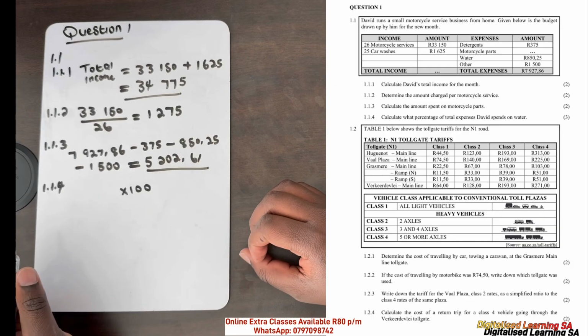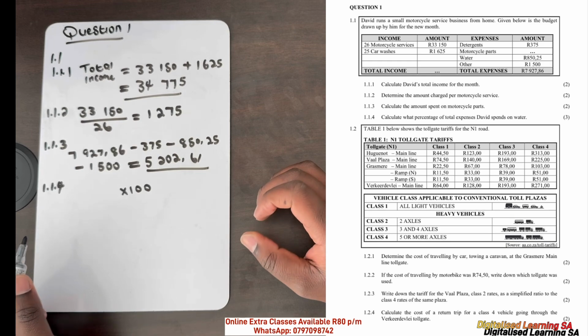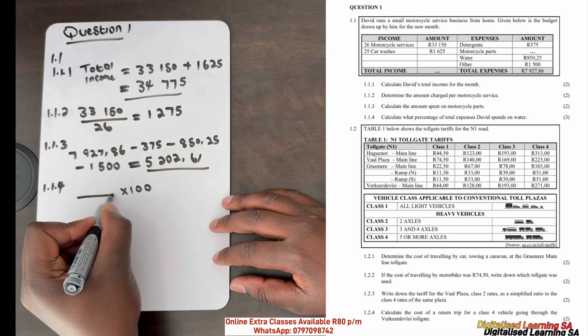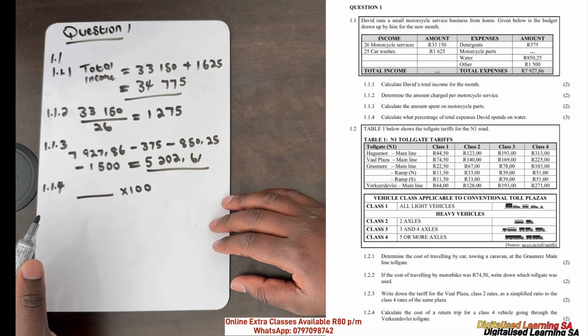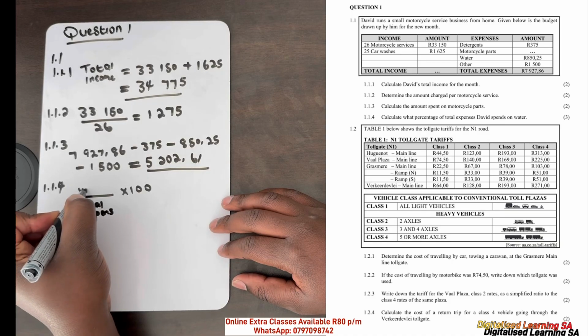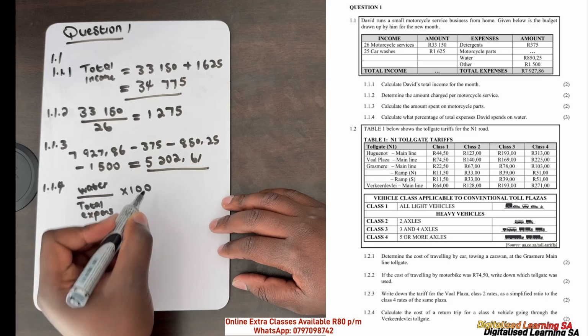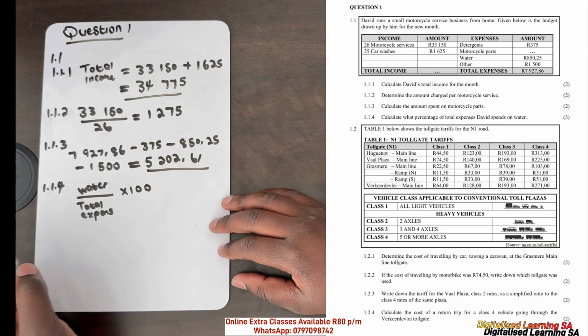They are asking what percentage of total expenses David spent on water, so we say water divided by total expenses, multiplied by 100.